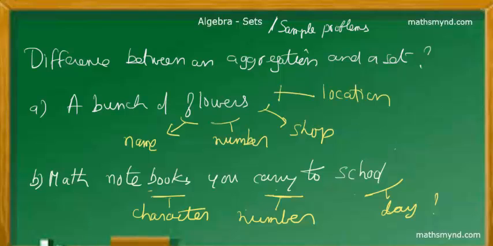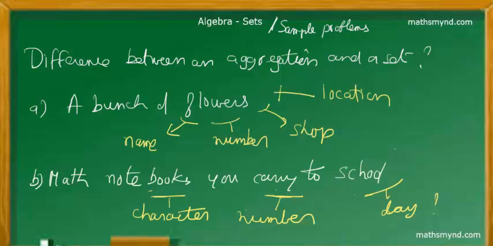So first, we are looking at what's the difference between an aggregation and a set. So the difference between a collection of objects or a collection of elements and a set, which is a collection of well-defined and definite elements. Now, let's look at certain examples to drive home the point.